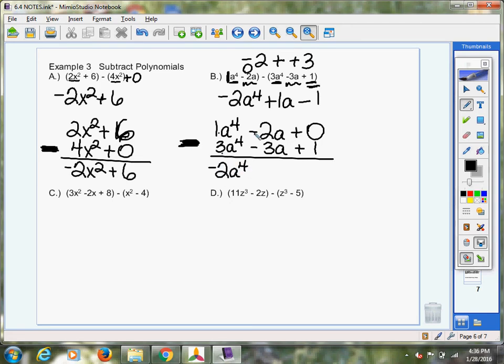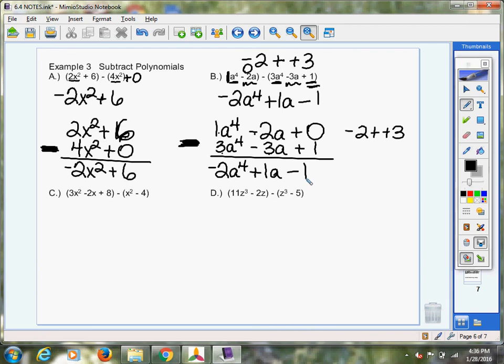Negative 2 minus negative 3. Remember, if you can't see it, write it out. Negative 2 minus a negative 3, that's positive 1a. 0 minus 1, that's negative 1. So the scariest thing is going to be, remember to subtract and to do it for all of the columns that you have there, for all the numbers that are there.